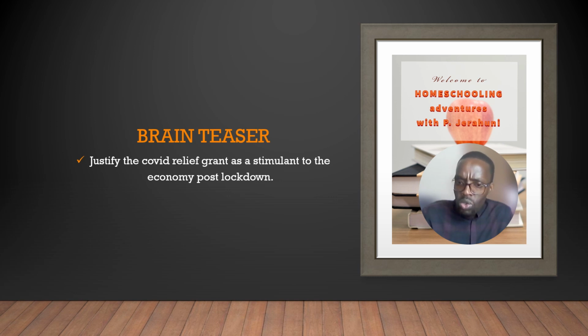And you would also need to understand that, because we have looked at the concept of the multiplier, we would end up having our national income increasing by levels that are much higher than the amount that had been spent by government on giving out those relief grants. So that was the whole idea of this.